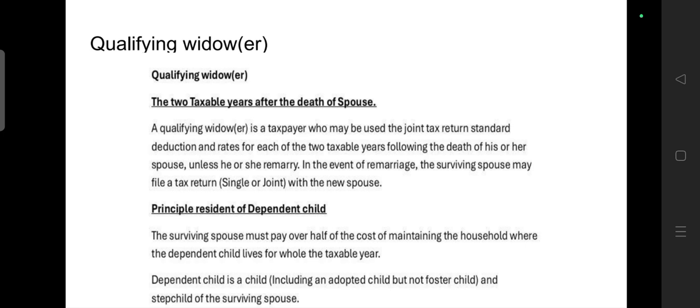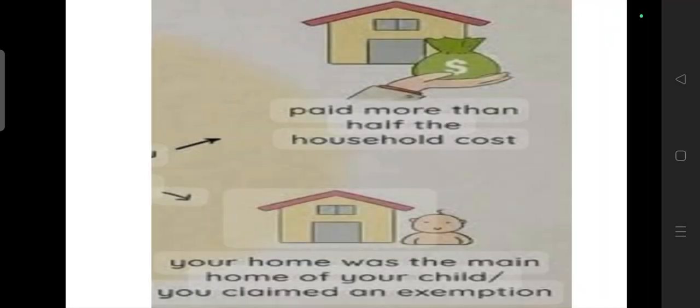What are the conditions for that? The surviving spouse has to contribute more than half of the household expense of the dependent child. The child obviously requires care of parents, so the child needs to stay with the taxpayer throughout the year.